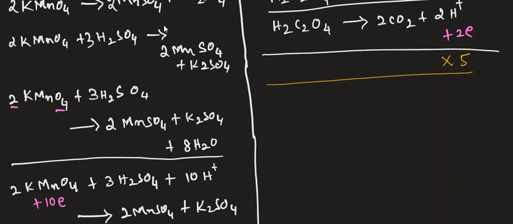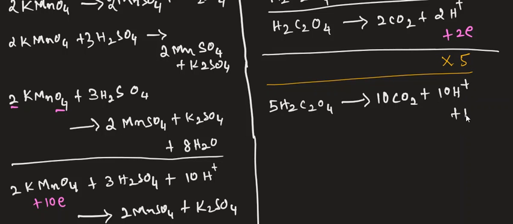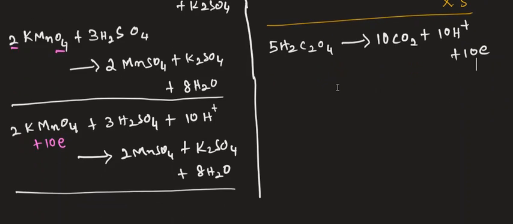Now we have 5H2C2O4 gives 10 CO2 plus, and 5 twos are 10 H plus, and then 10 electrons. Do you understand?